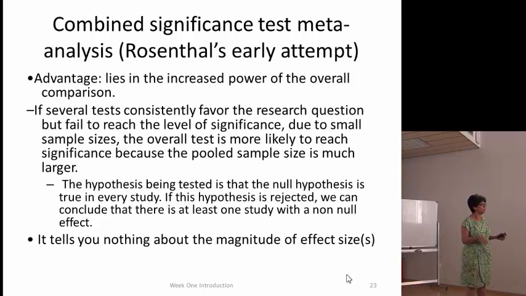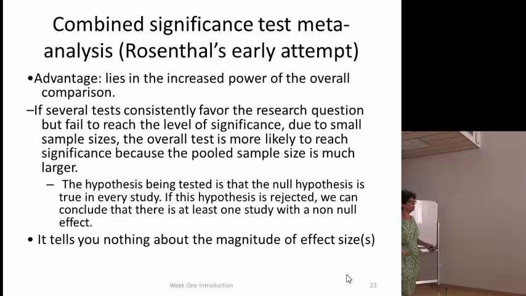Okay? So across the body of studies, did the effect appear to be significant or not? And the advantage to this type of meta-analysis is essentially it just increases the power of the overall comparison compared with the power you would have in any of the component studies.